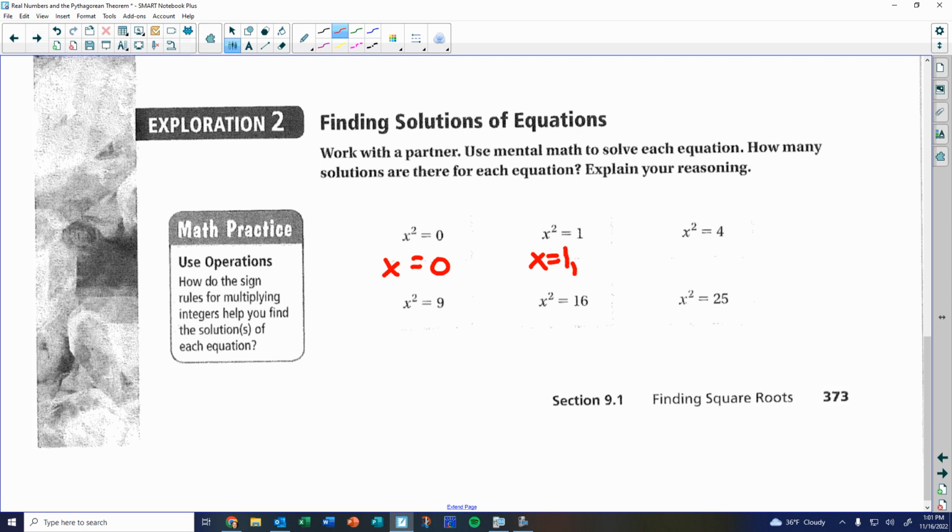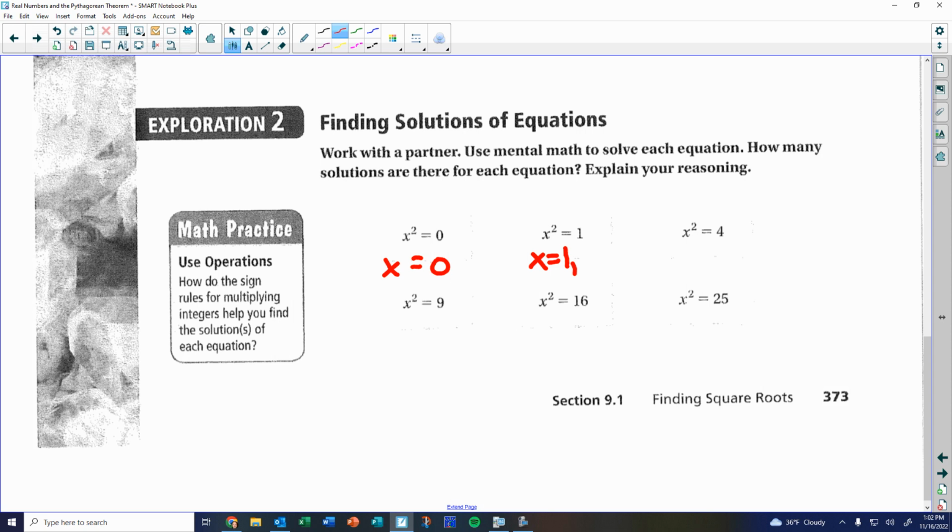Think. Huh? That's 0.5. That's only if you add it. 0.5 times 0.5 is 0.25. Nope.